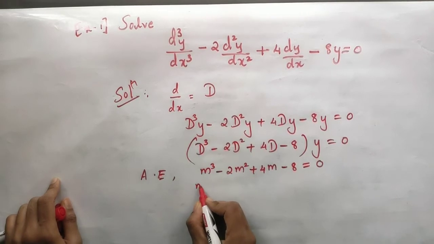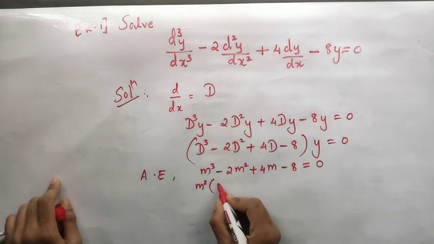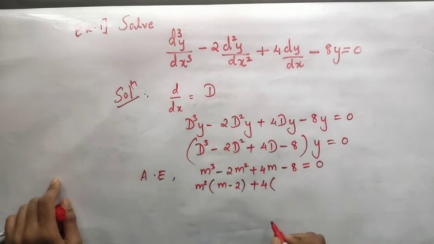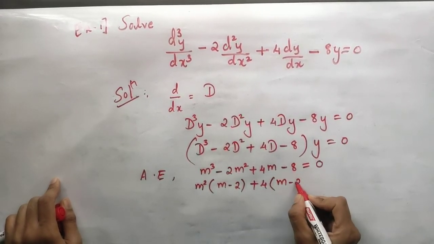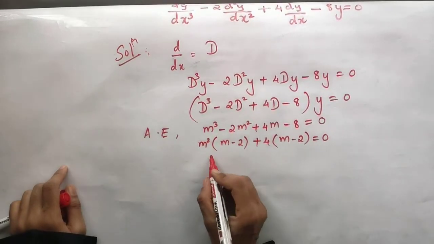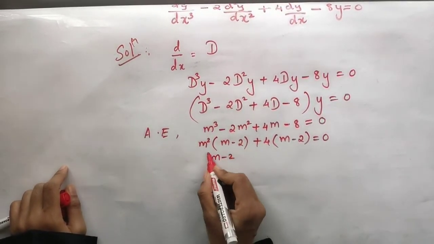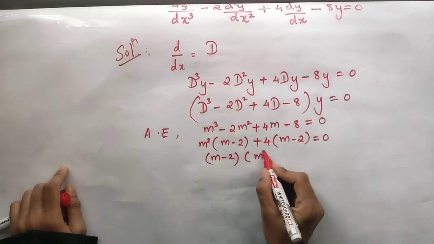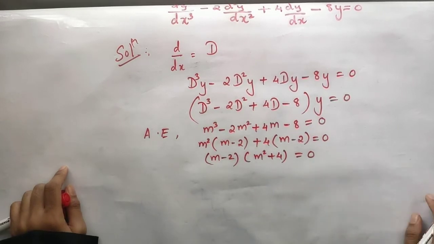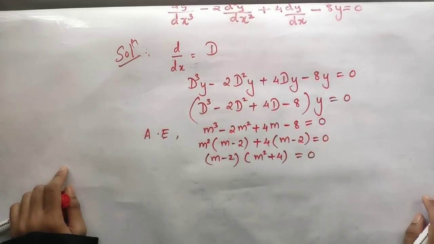So taking m square common from the first two terms, it will be m minus 2. Taking plus 4 common from the next two terms, it will again be m minus 2, equal to 0. Or you have m minus 2 into m square plus 4 is equal to 0. So we have found the factors of this auxiliary cubic equation.